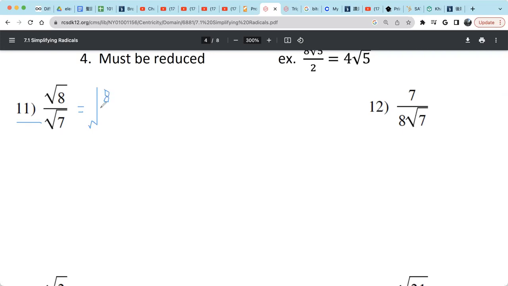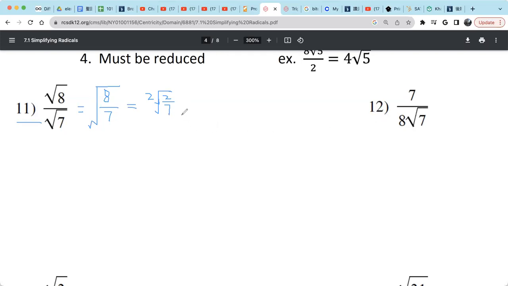Because sometimes if we put them together under one square root sign, they can be simplified, right? But this one, let's see, we know square root of 8 is 2 radical 2, right? So the 2 comes out, but we have 7 as a denominator. And so we have 2 times square root of 2 over 7.